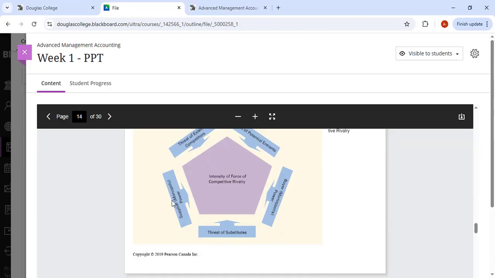And then we have the power of the buyers and the power of the suppliers. For the power of the buyer, the simple example I can give you will be Costco. If you want to see the power of the buyer, that will definitely be Costco.